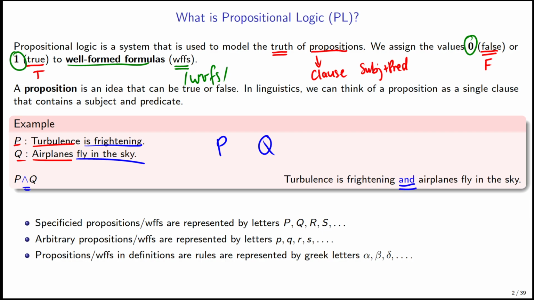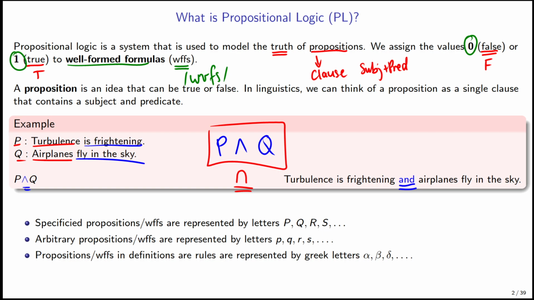There's a special little symbol for this, which is called the caret. You might notice it looks very similar to the intersection sign in set theory, and I represent set theory intersection with the word and, it's the same way with this caret here. So this formula, P caret Q, would be read as P and Q, and that would translate to turbulence is frightening and airplanes fly in the sky.